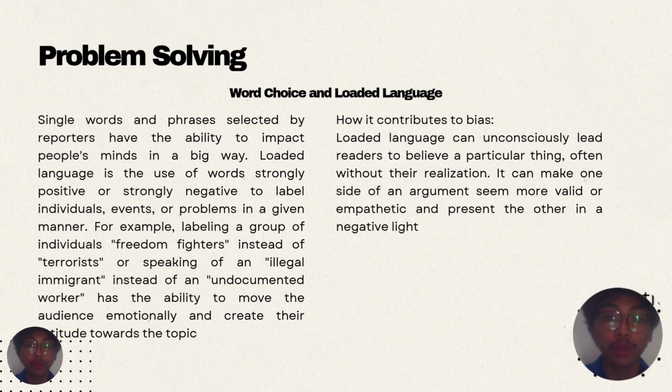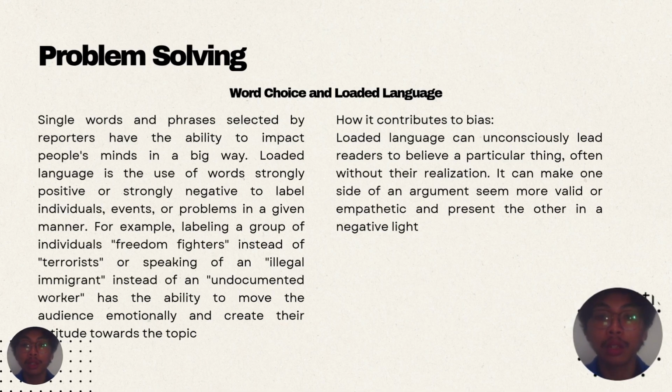Loaded language is the use of strongly positive or strongly negative words to label individuals, events, or problems in a given matter. For example, labeling a group of individuals freedom fighters instead of terrorists, or speaking of an illegal immigrant instead of an undocumented worker has the ability to move the audience emotionally and create their attitude towards the topic.